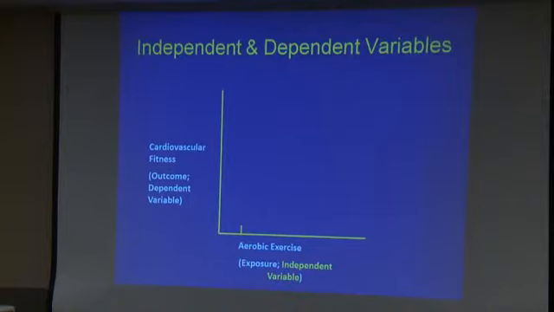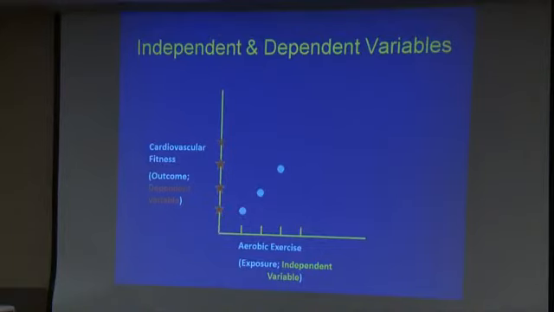So let's see, here we have a level of aerobic exercise. And let's suppose that that level of aerobic exercise correlates with, or is associated with, this level of the dependent variable, cardiovascular fitness. We can plot the place where the two of them come together. A higher level of aerobic exercise and a higher level of cardiovascular fitness. A higher still level of aerobic exercise with a higher level of cardiovascular fitness.